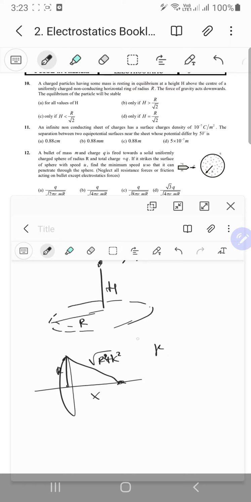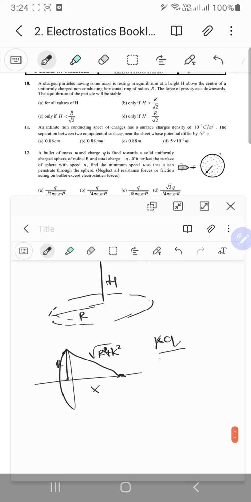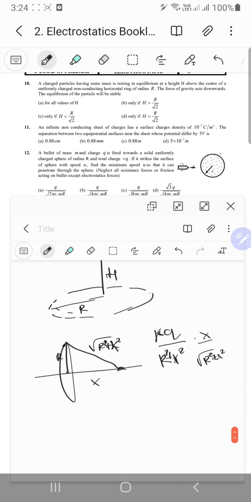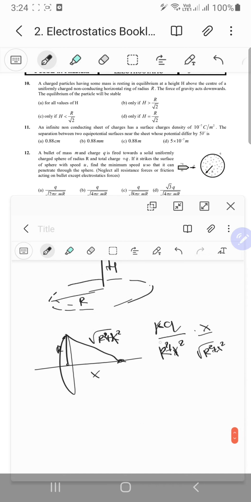So it's going to be kq, whatever charge it has, we don't care, upon r squared plus x squared, times cosine theta, so x upon square root of r squared plus x squared. So this is kqx upon r squared plus x squared to the power of 3 by 2.